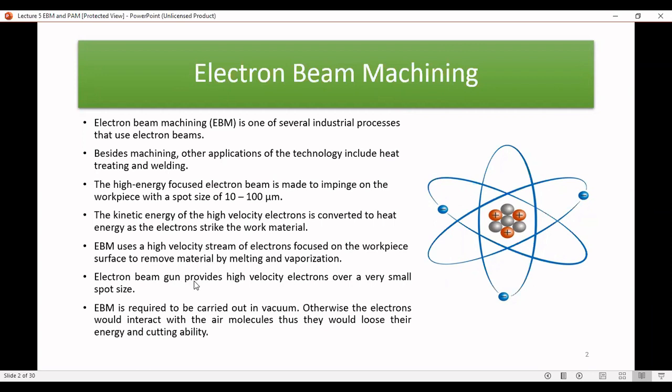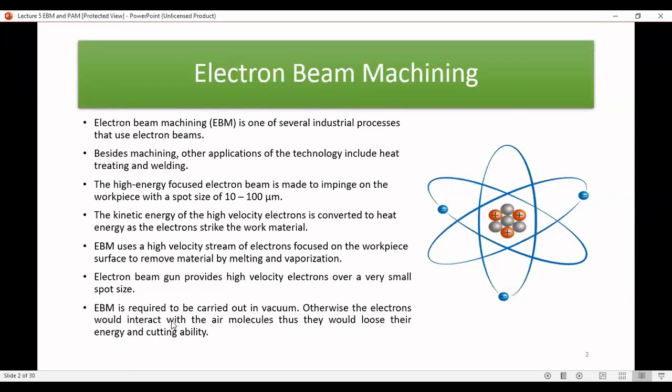The way the electrons are generated is with an electron beam gun, and this EBM process requires a vacuum. Otherwise, electrons would interact with air molecules, lose their energy and lose cutting ability.